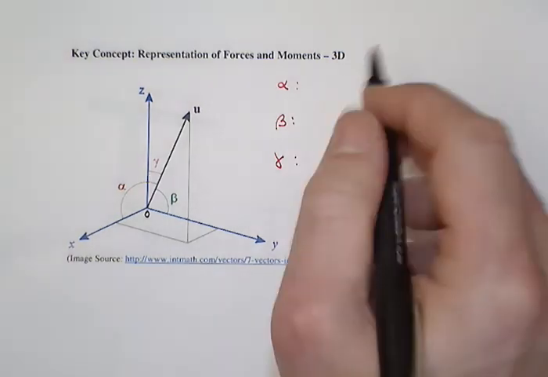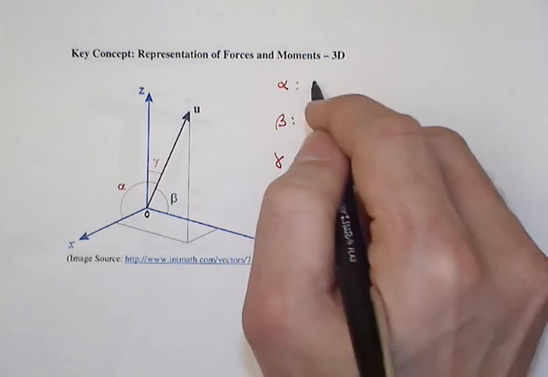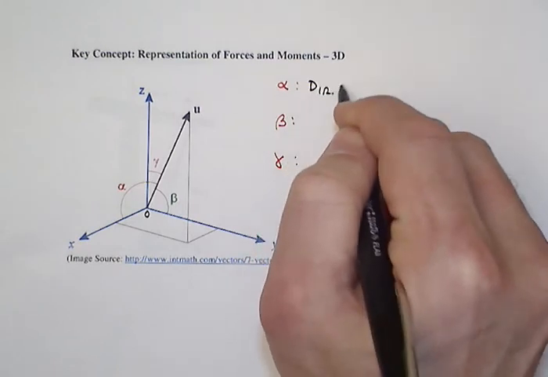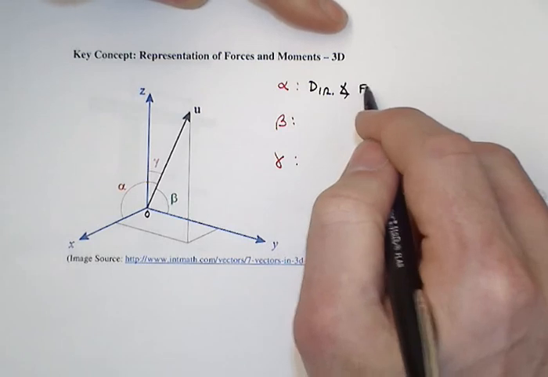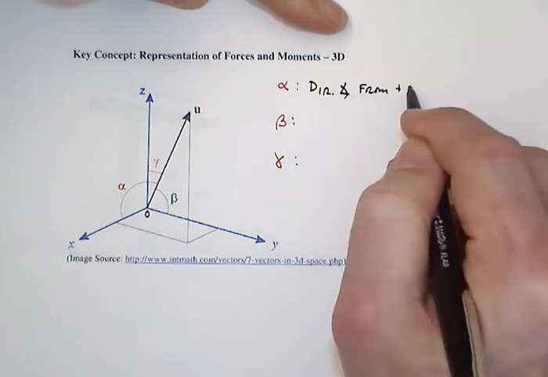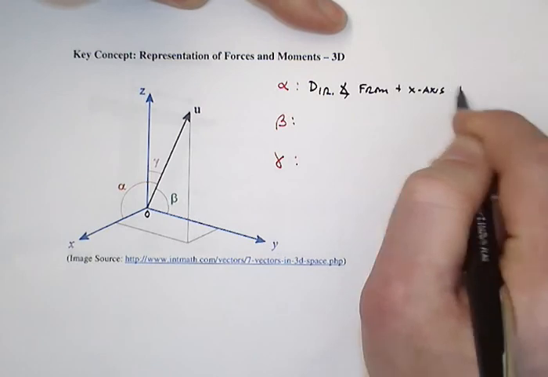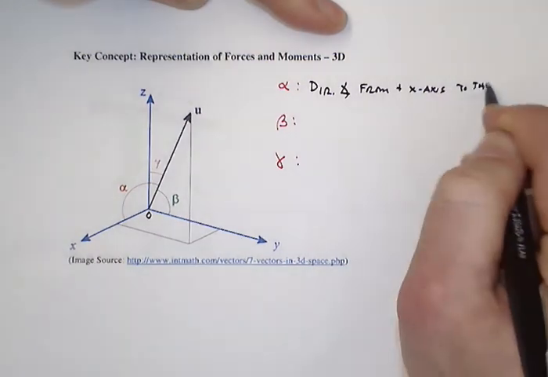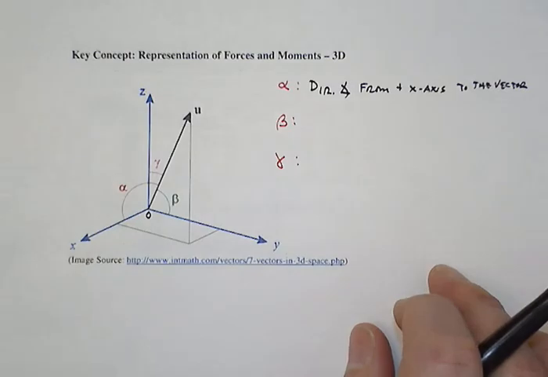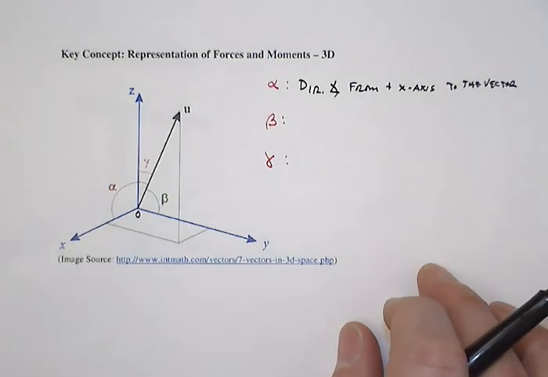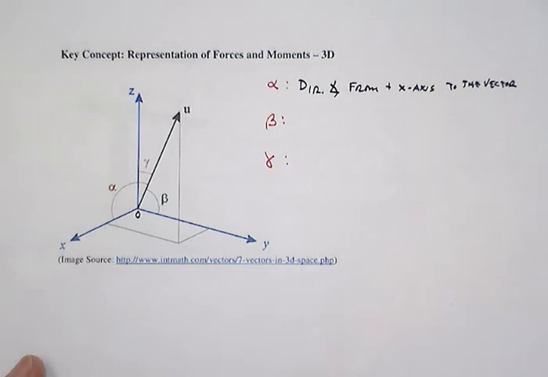Alpha by convention is usually what we use as the direction angle measured positive from the positive x-axis to the vector. Whether that's a position vector or a force vector or a moment vector doesn't matter. It's going to be positive from the x-axis to the vector of interest.